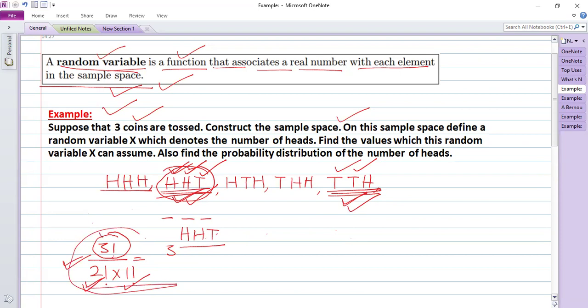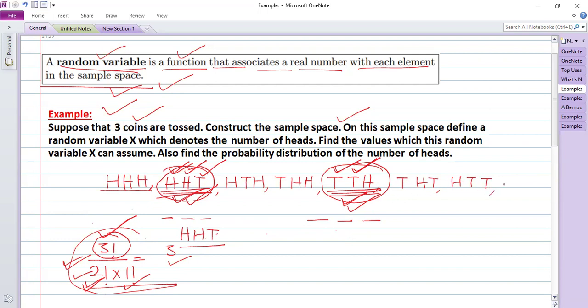Once again, there are three places to be arranged in, and why divide by 2 factorial? Because out of these three, two are same. What two are same? Two tails are same. And then obviously this is also 3. So tail, head, tail, and head, tail, tail. These are those 3 permutations.